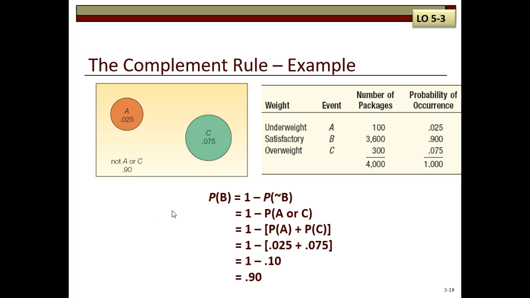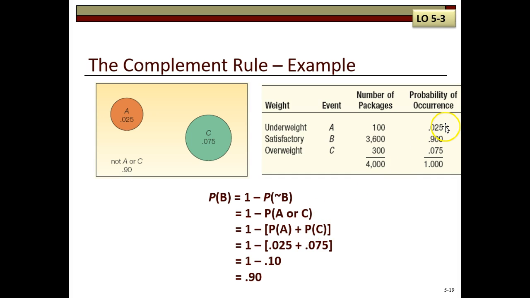Here's an example using the complement rule, using the same problem we did before. The probability of B equals 1 minus the probability of not B. So not B would be A or C. And since A and C are mutually exclusive, we add those up.